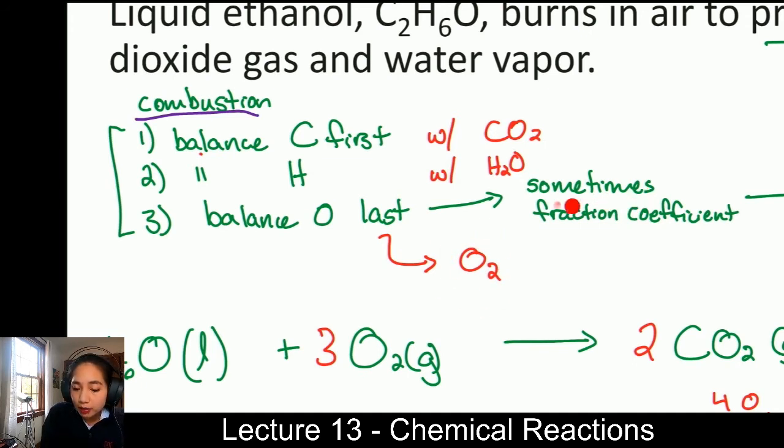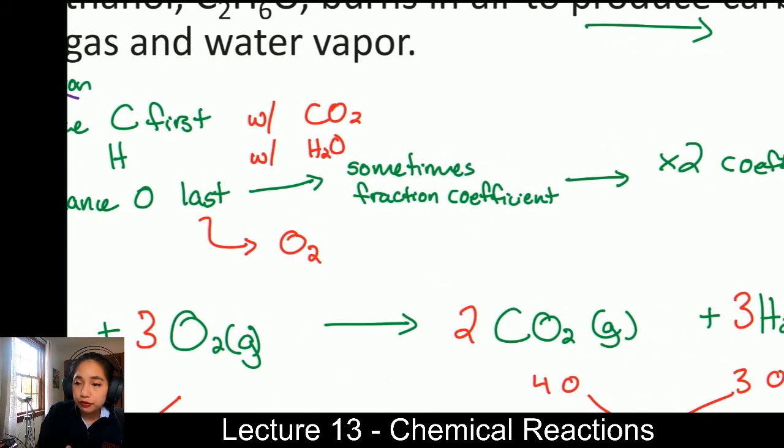And then sometimes if there's an odd number of oxygens on your product side, then you'll need a fractional coefficient in order to make your oxygens balanced. And it's okay if it's a fraction, just at the very end, once everything is balanced, just multiply all your coefficients by 2.